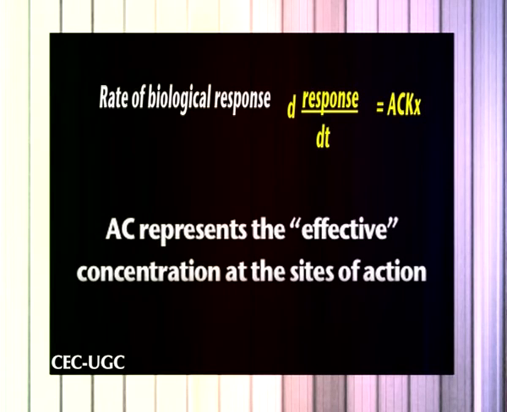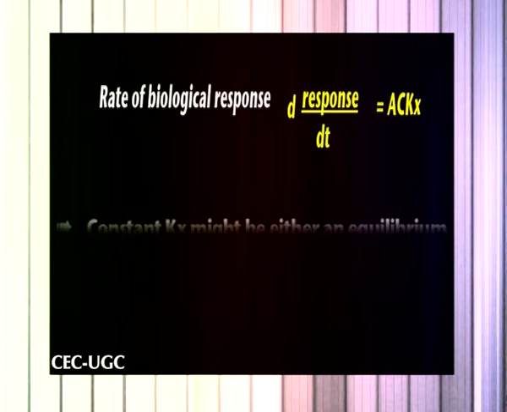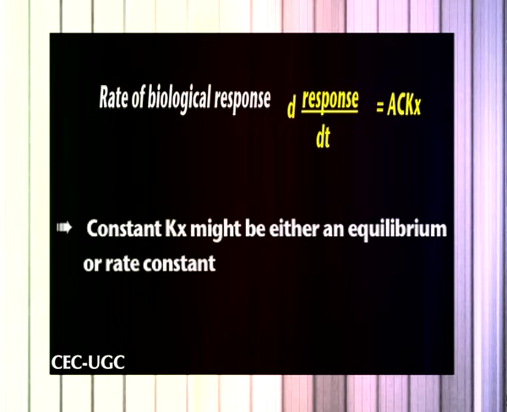The product AC represents the effective concentration at the sites of action. The constant Kx might be either an equilibrium or rate constant.